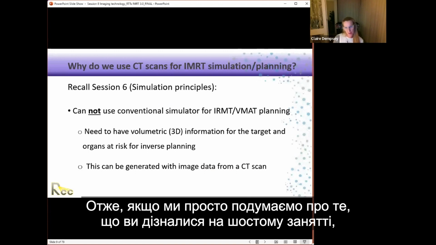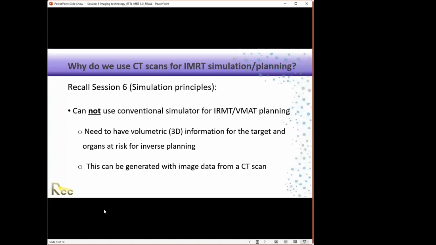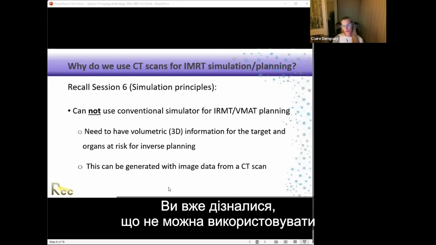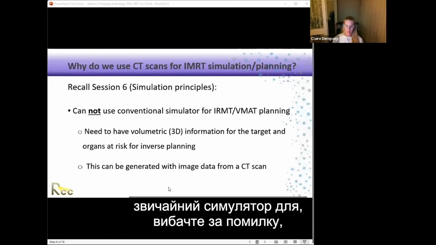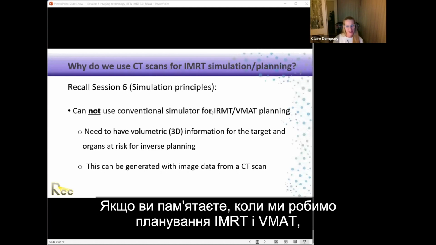So if we just think about what you learned in session 6, it was really about simulation principles for IMRT and VMAT. So you've already learned that you can't use your conventional simulator for IMRT and VMAT planning.